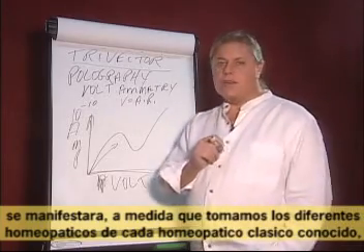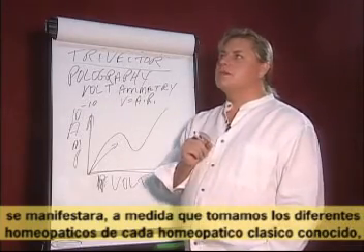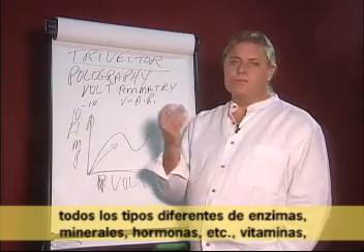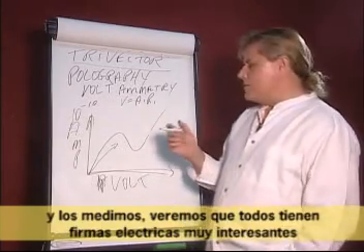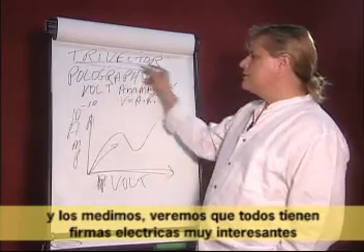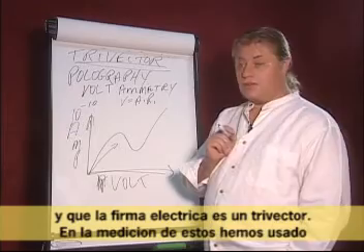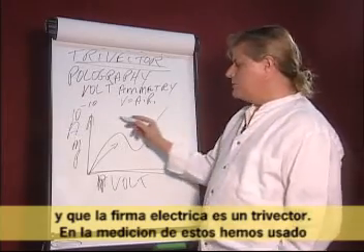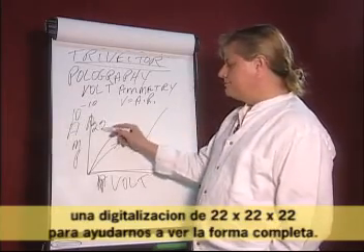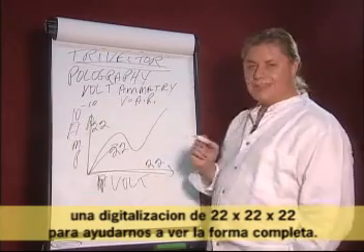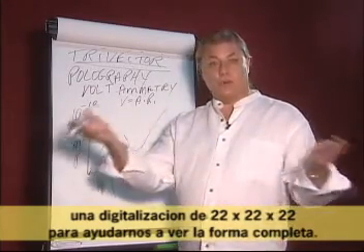As we take the different homeopathics, every known classical homeopathic, all different types of enzymes, minerals, hormones, vitamins, and we measure them, we can see that they all have very interesting electrical signatures, and the electrical signature is a Trivector. As we measure this, we've used a 22 by 22 by 22 digitization to help us see the total shape.